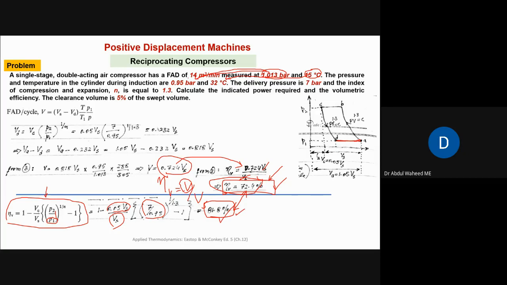If no free air conditions data is given here, then you have to simply use this equation based on actual real conditions during the induction cycle to find out the volumetric efficiency. Because this equation ignores the difference in temperature and pressure between the free air conditions and the actual suction conditions.